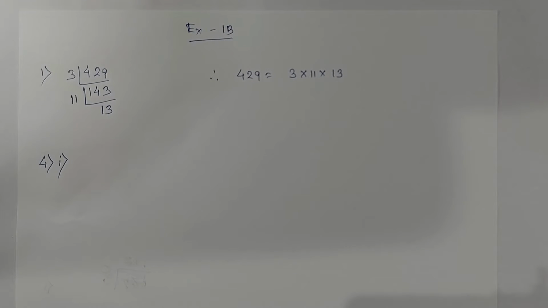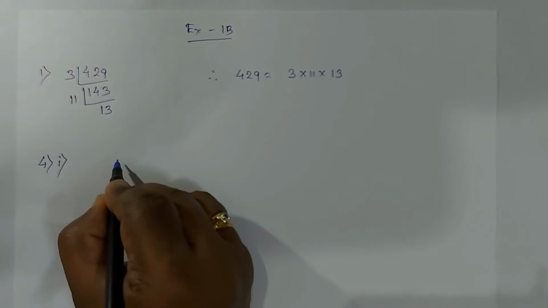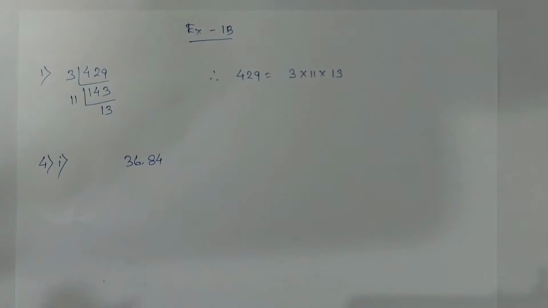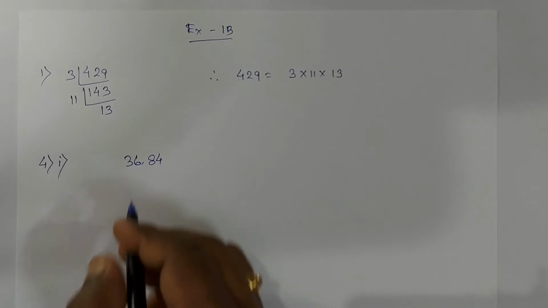Next is question number 4. Using prime factorization, find the HCF and LCM of 36 and 84. Using the prime factorization we need to determine the HCF and LCM.